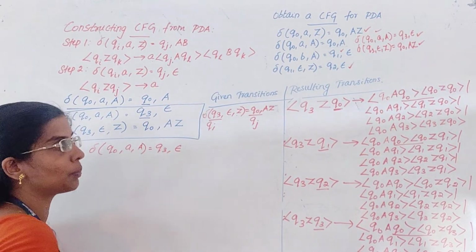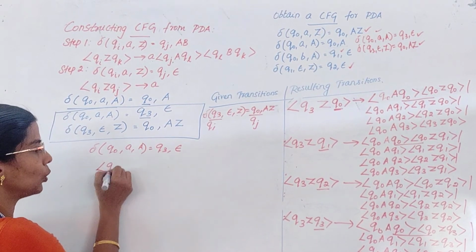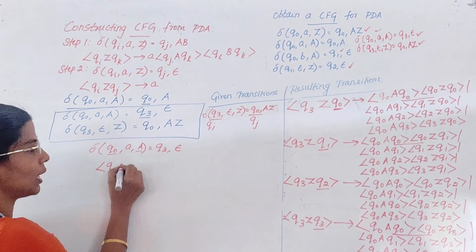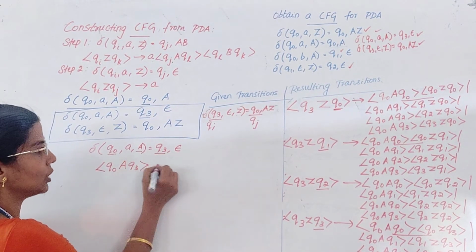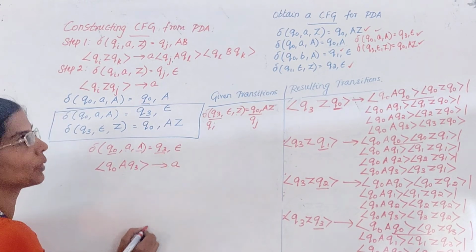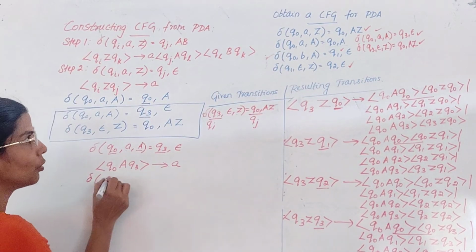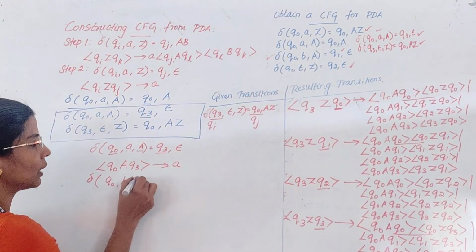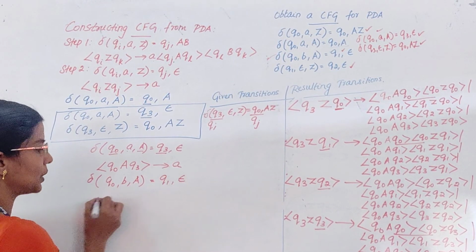What could be the corresponding context-free grammar? Write the triplet: Q naught, then stack, then to which state it has been changed, then my input symbol. Input symbol is A. Then write this transition: delta of Q naught, comma, B, comma, A, which is equal to Q1, comma, epsilon.